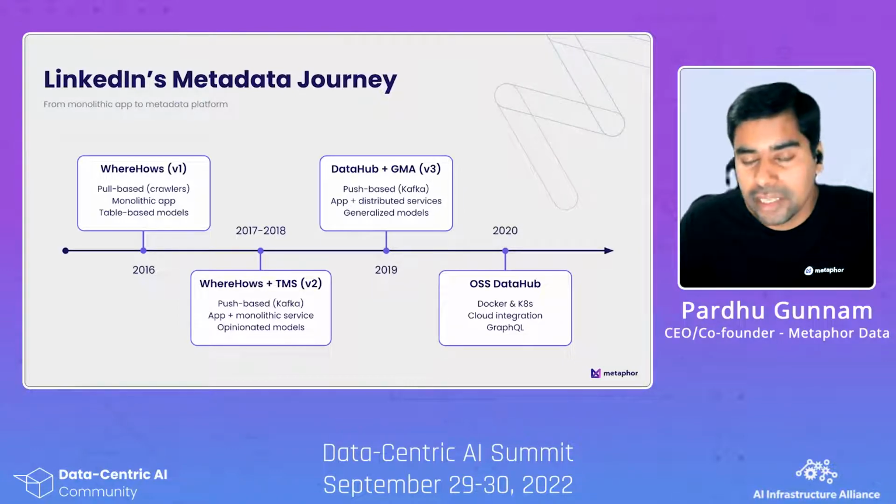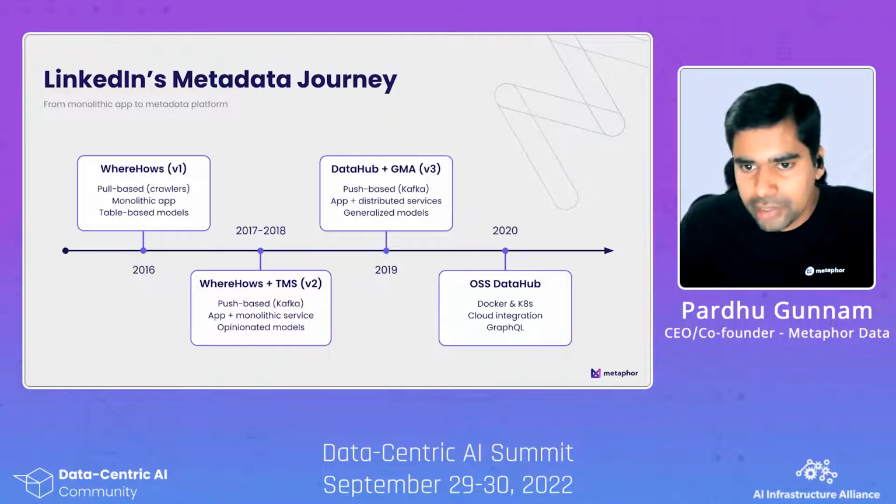That resulted in the same set of data discovery problems popping up across multiple platforms. When we took the holistic approach, we decided to take what we had created so far and make it very generic, and created DataHub, which is the V3 version of this data catalog, making the application and the platform completely separate. That's what we call GMA, which stands for Generalized Metadata Architecture.